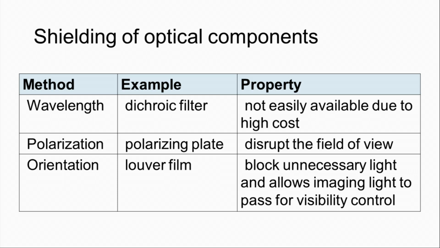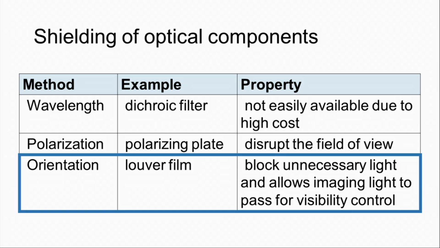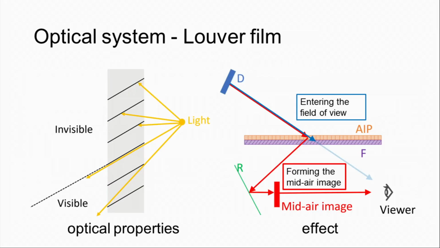However, if we apply this method, viewers will see buildings through the polarizing plate, which will disrupt the field of view. The final method is using a film that transmits only light entering from a specific direction and diffuses or blocks other light. From these, we decided to use Louver film.